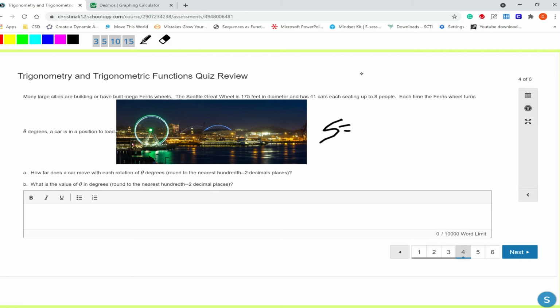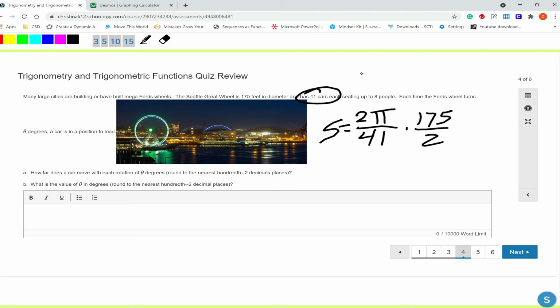S equals, we know there's 2 pi radians in a circle, so 2 pi divided by 41, because there's 41 cars, times, now we're going to find our radius. So the radius is going to be 175 divided by 2.